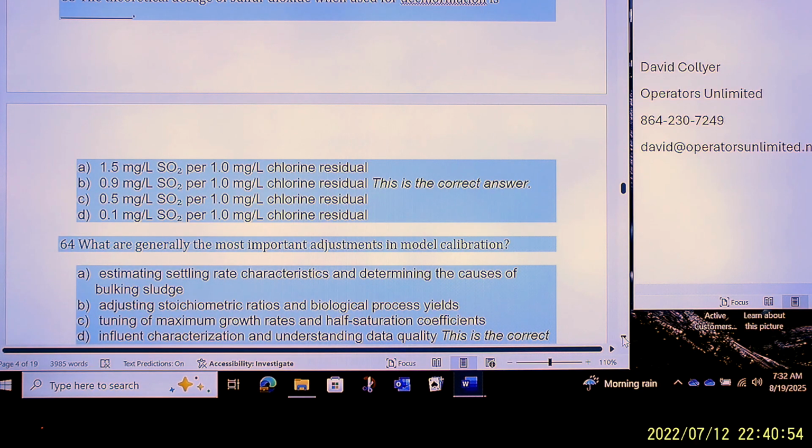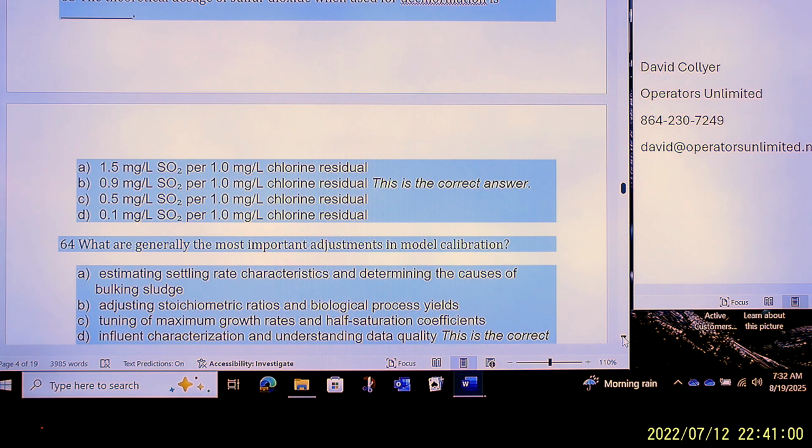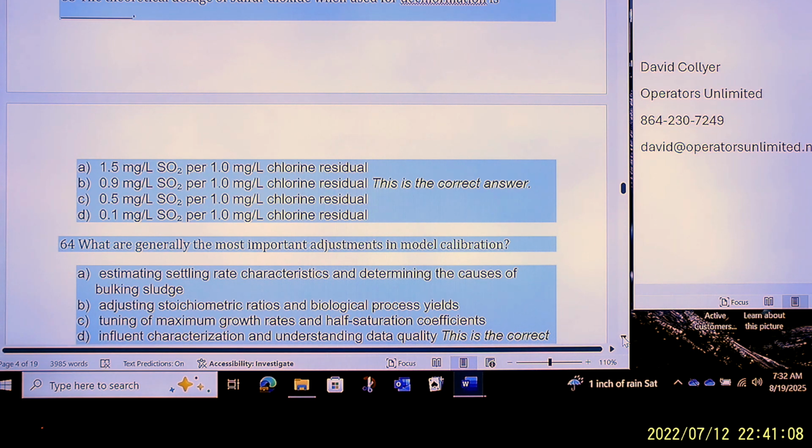Number 63. The theoretical dosage of sulfur dioxide when used for dechlorination is A. 1.5 milligrams SO2 per 1 milligram chlorine residual. B. 0.9 milligrams SO2 per 1 milligram chlorine residual.